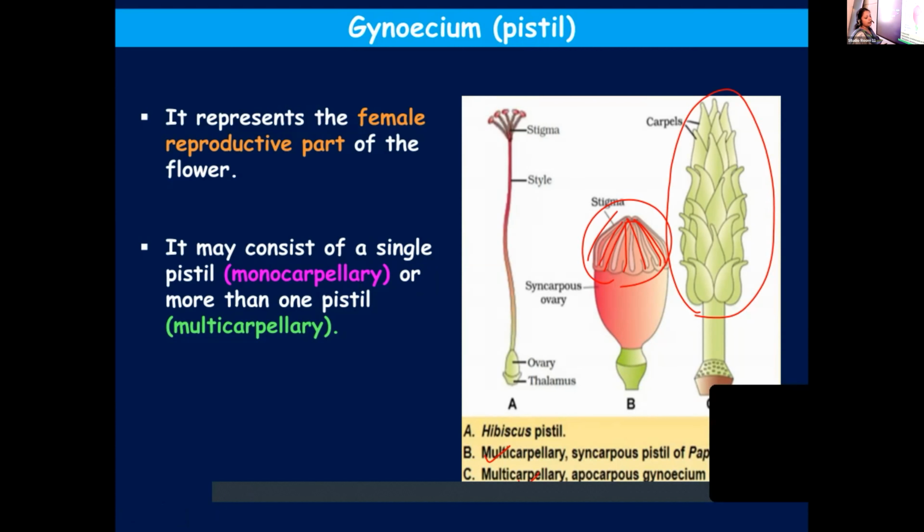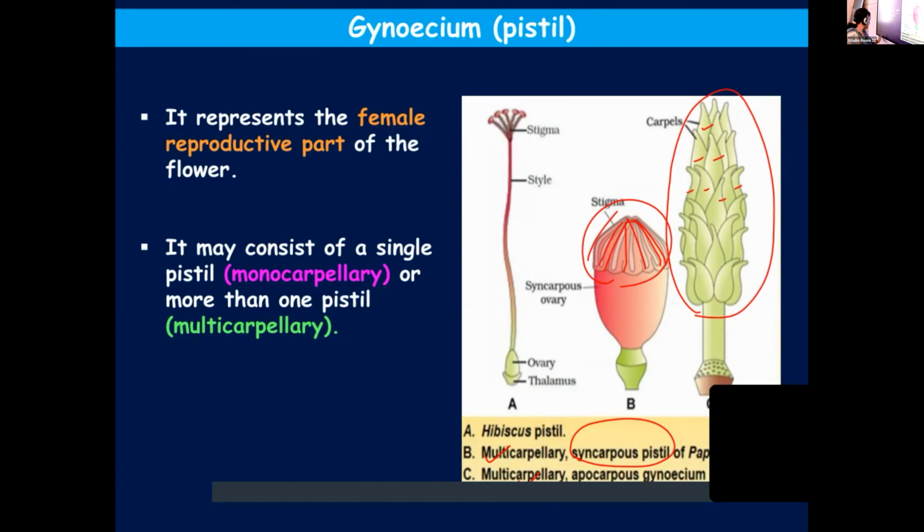So you call it a syncarpous pistil. Whereas in the second figure, you can see individual carpels. Many carpels are there, but they are not fused together. They are free. So you call it apocarpous pistil.